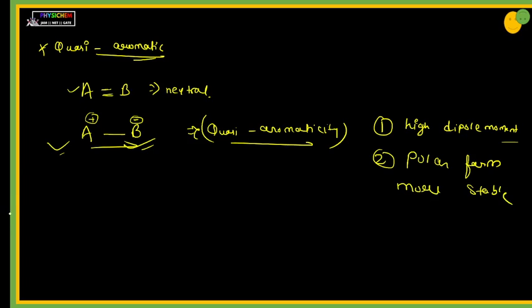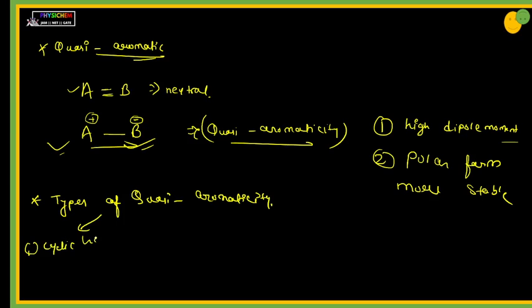Now we are talking about the types of quasi aromaticity. There are three types. First is cyclic hydrocarbon.